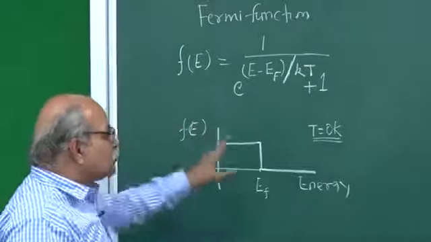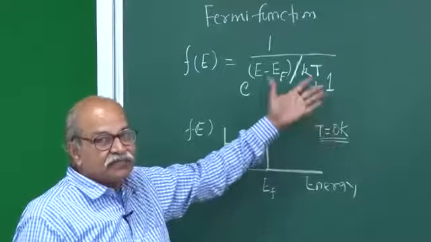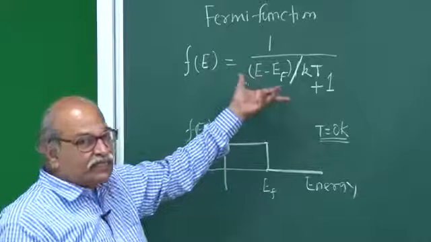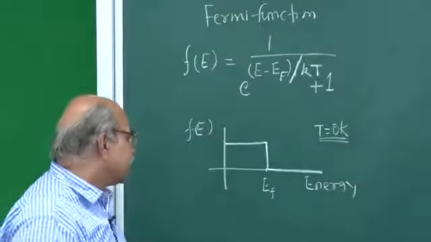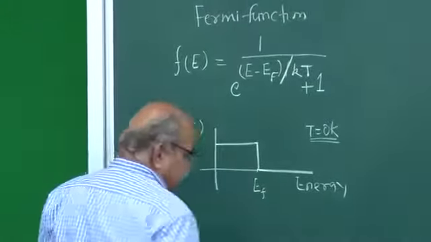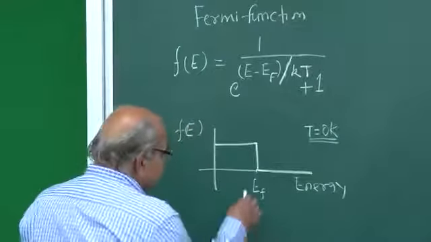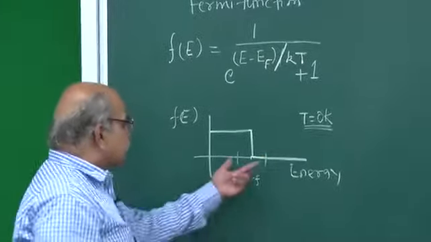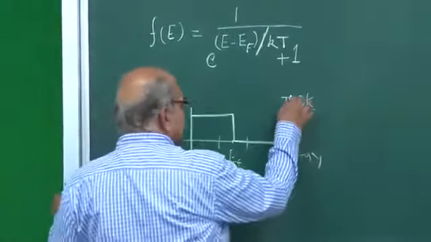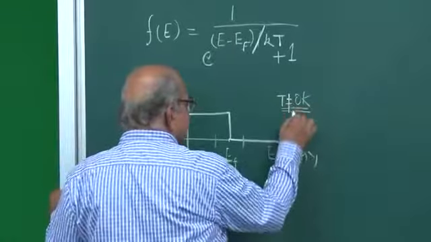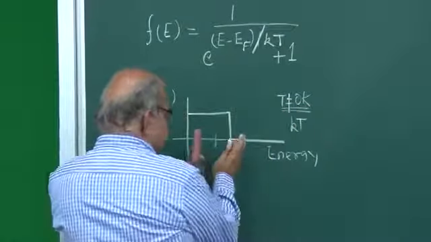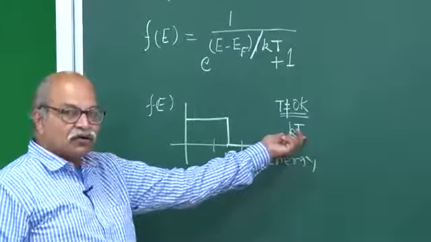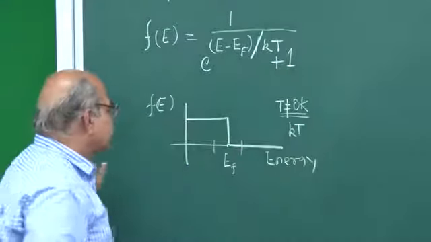What happens if you go to a higher temperature, some other temperature, 300 K, room temperature? Then this function definitely changes, but the change is in a very small region close to EF, say a few kTs. If T is not equal to 0, you have to see how much kT is on this scale, and only within this energy width do things change.